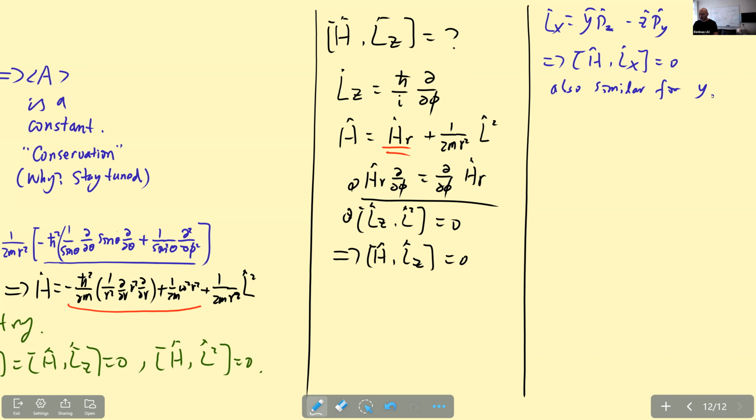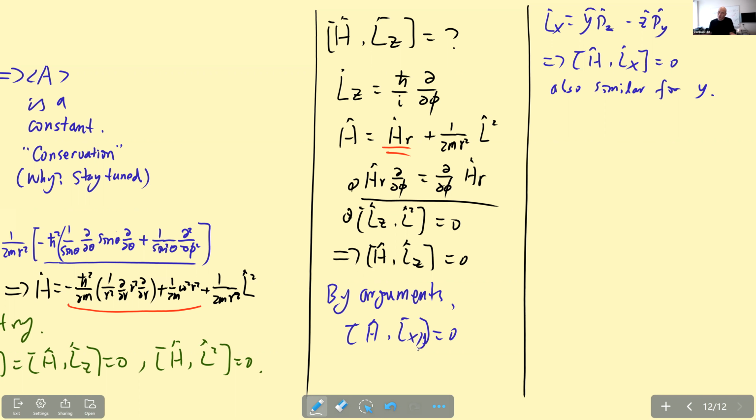It's easier to do in the Cartesian coordinates, but actually, you don't need to do the calculation. You can just say, just by argument, you must have this one equal to 0, and also for y.